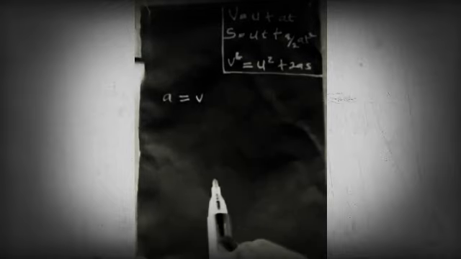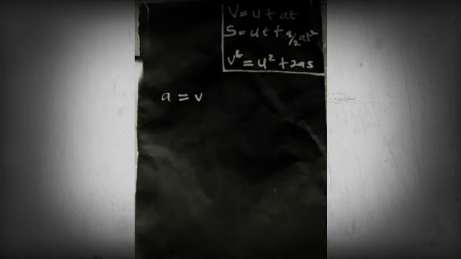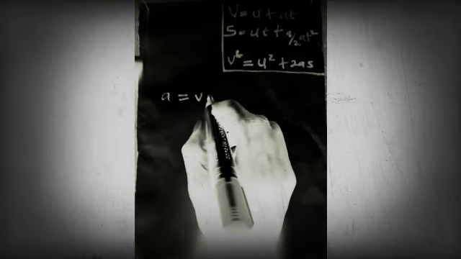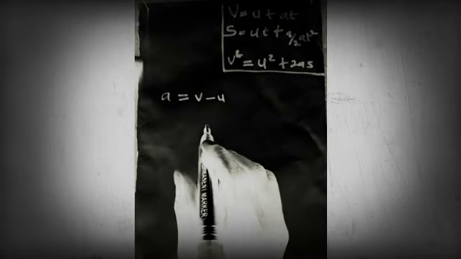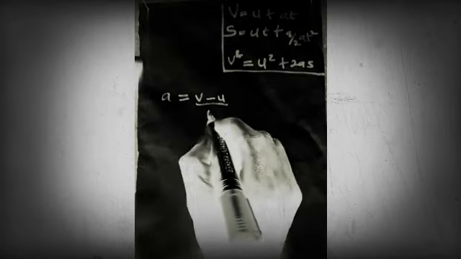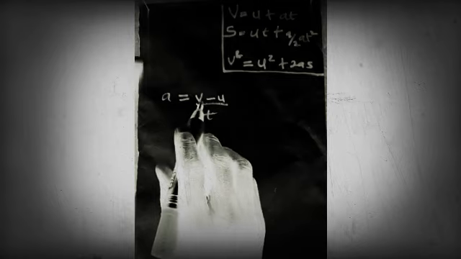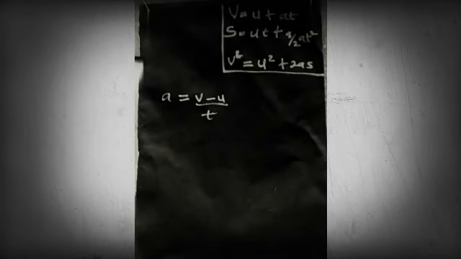The first equation of motion was proved from the formula for acceleration. And what is the formula for acceleration? A equal to final velocity minus U, which is the initial velocity, all over time taken. This time is the time interval between the final velocity and the initial velocity.